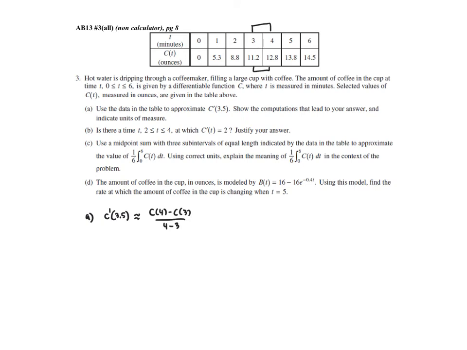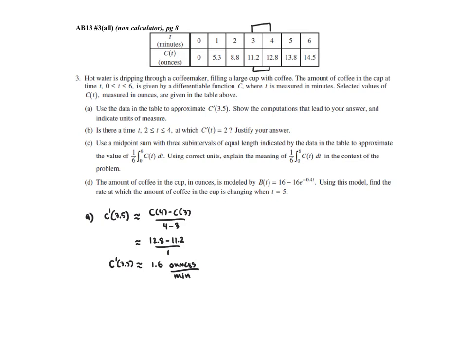So that would be approximately equal to 12.8 minus 11.2 over 1. So C prime at 3.5 is approximately equal to 1.6 ounces. Don't forget your units. Does it ask for units? Yes, it does. Units of measure would be ounces per minute.